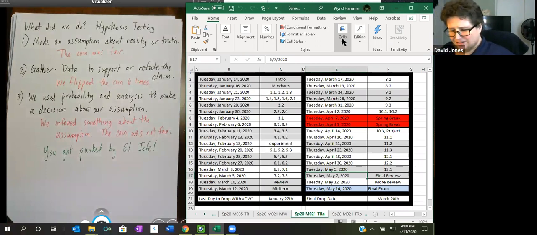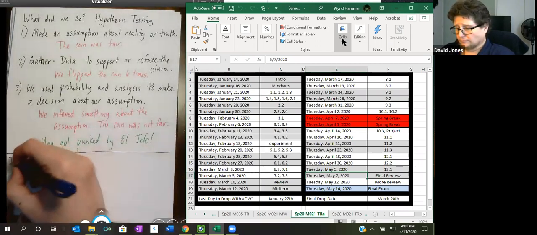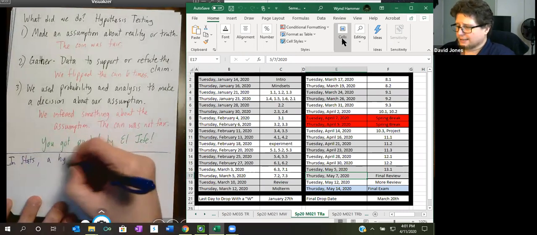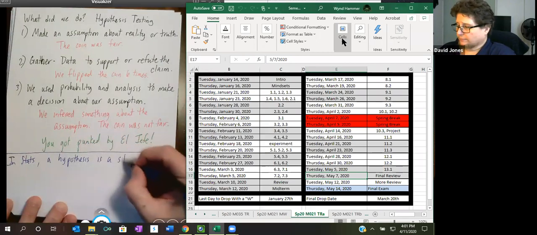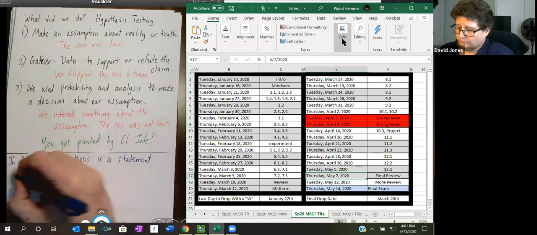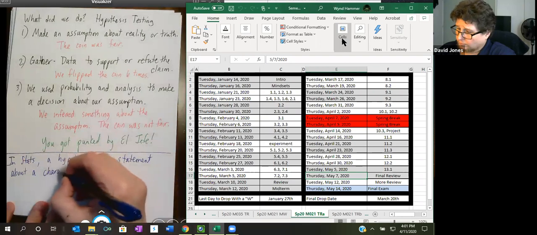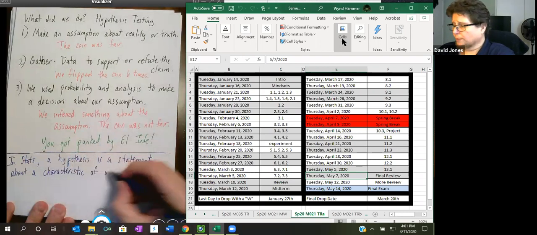I actually haven't even said what a hypothesis is, though. In statistics, a hypothesis is a statement about a characteristic of one or more populations.